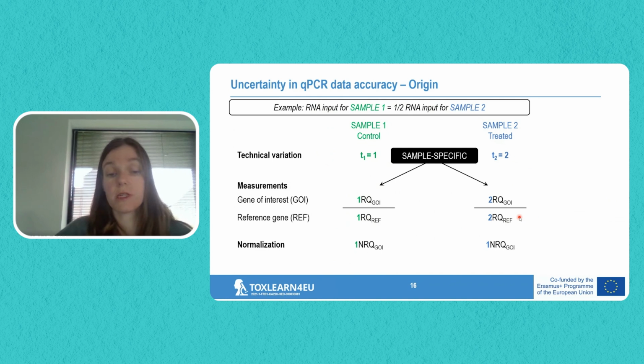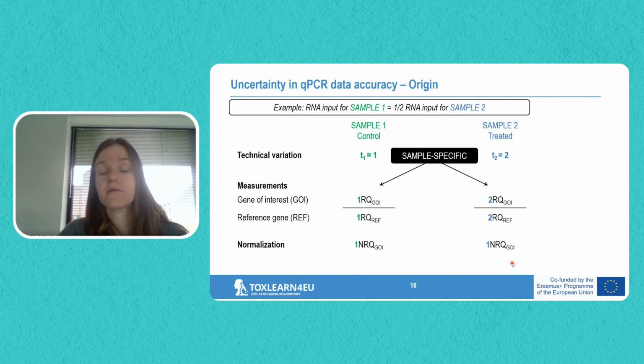What then happens during normalization is that here 1 is divided by 1 and levels each other out. The same here, 2 divided by 2 also levels each other out. So in both cases, you here get number 1. And this means that the normalization using the reference gene has corrected for this technical variation.